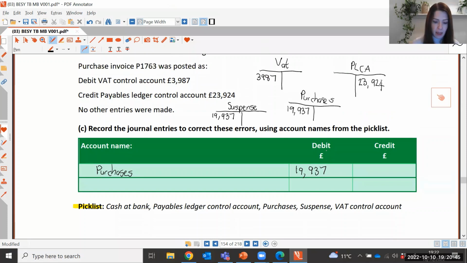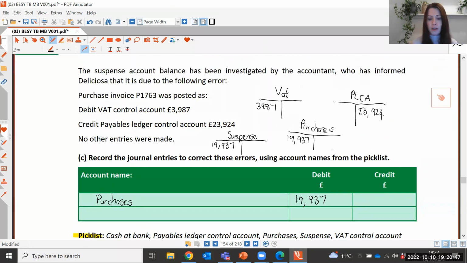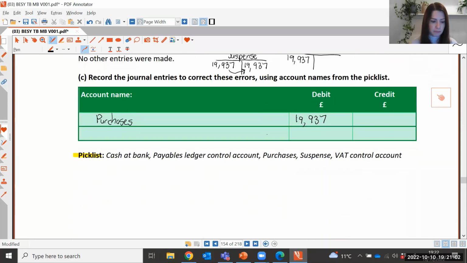Then we need to credit the suspense account. And that will then remove that suspense balance. So suspense will be a credit of £19,937.